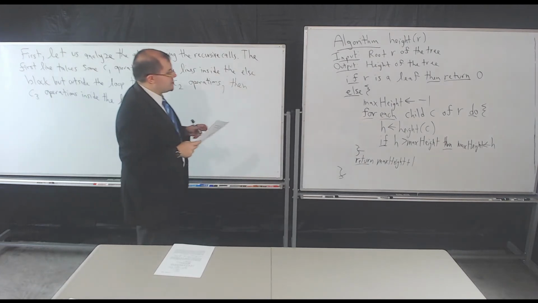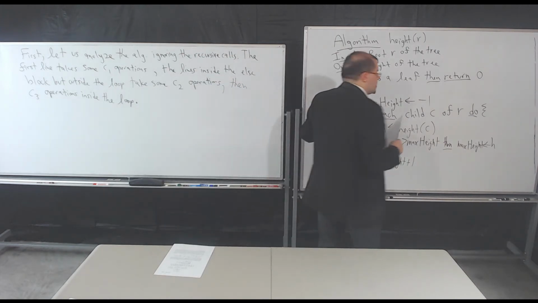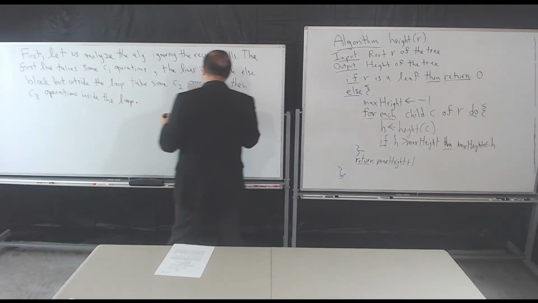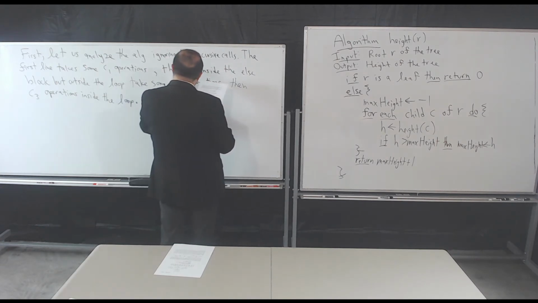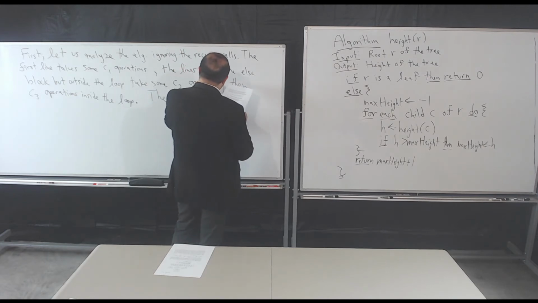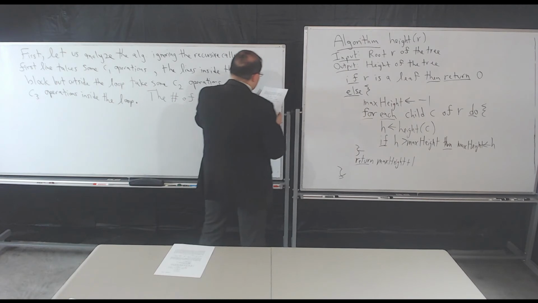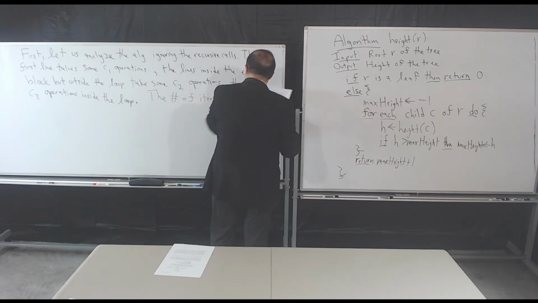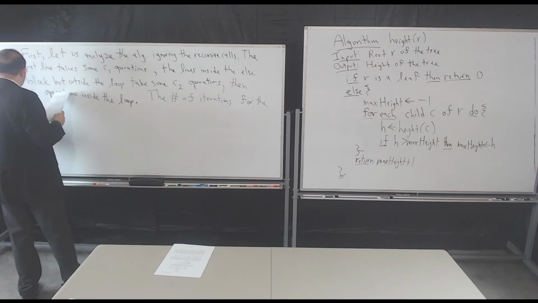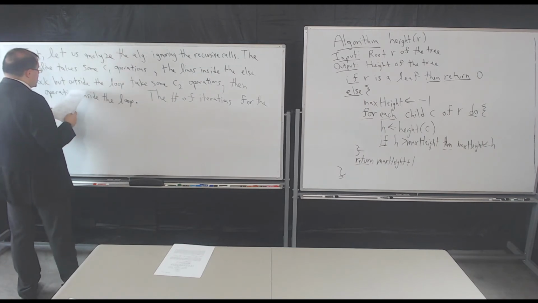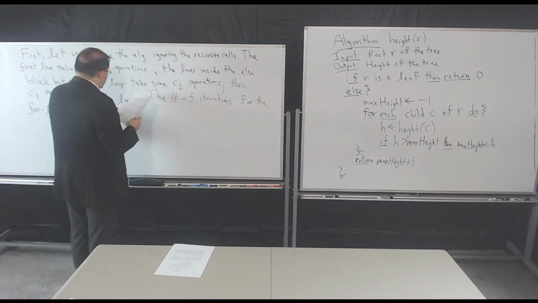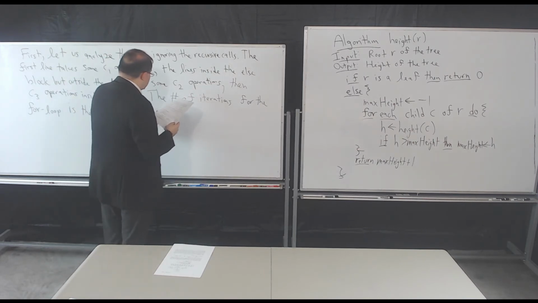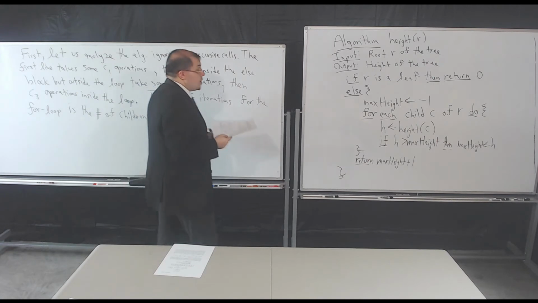How many times does this loop iterate? The number of children of R, right? The number of iterations for the for loop is the number of children of R. So how long does this loop take?